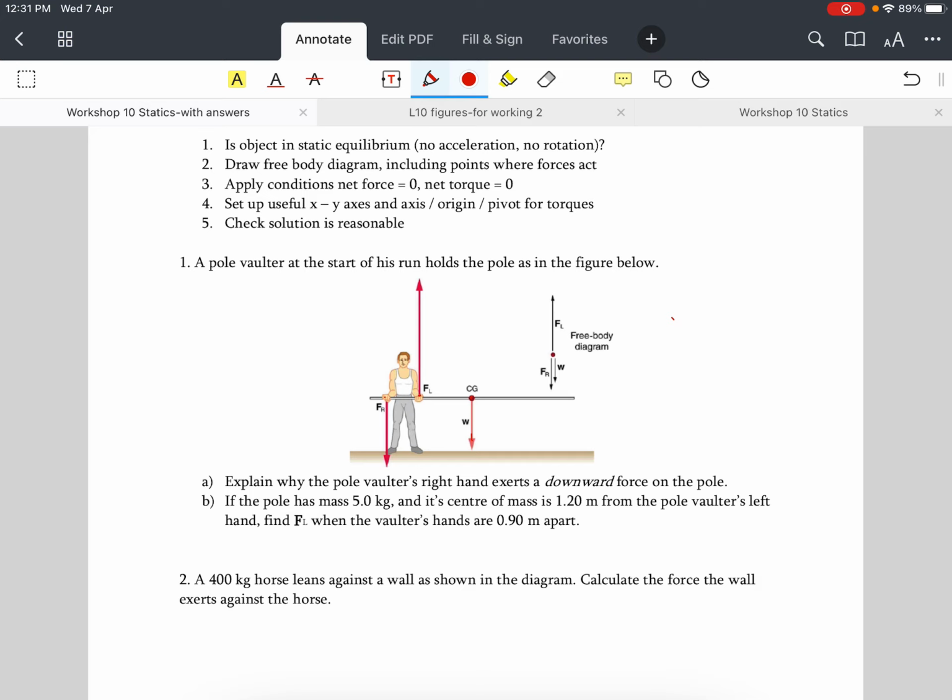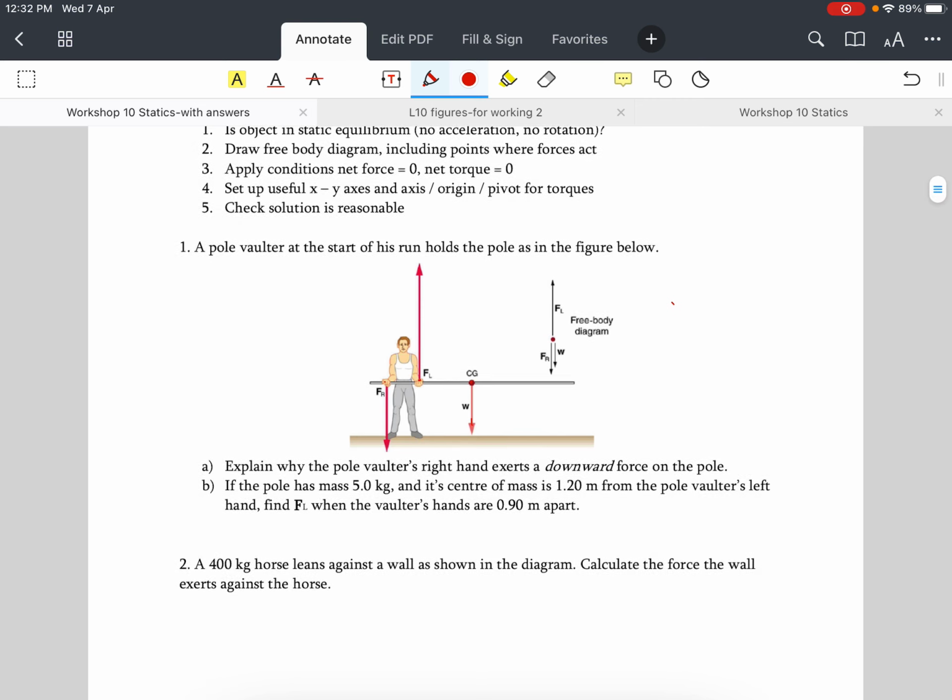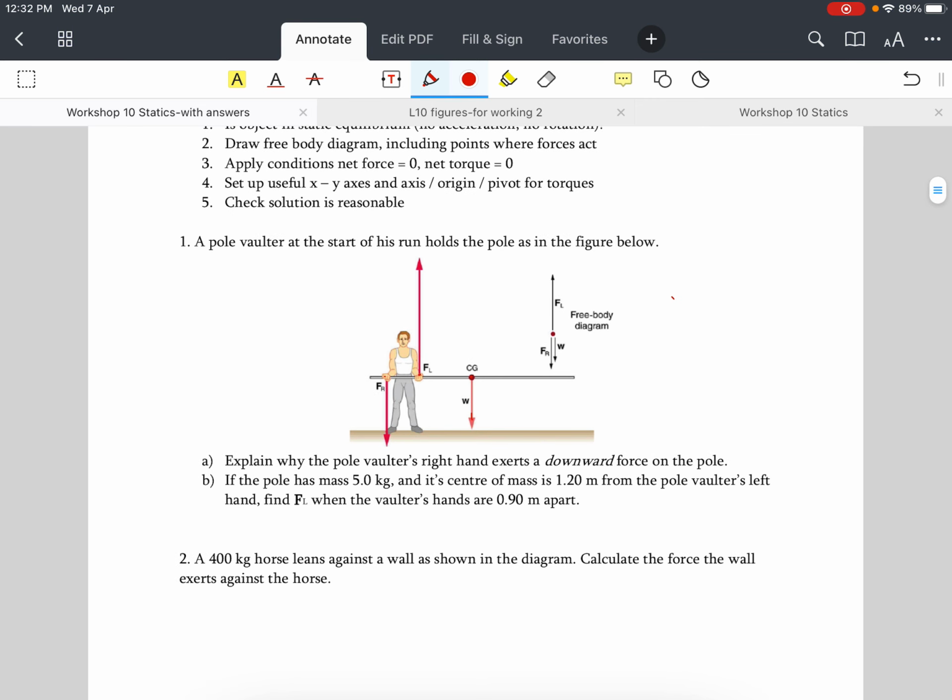So here, in our free body diagram, we have 3 forces, Fr, Fl, and weight, W. A smart choice for the pivot point would be to put it at one of the forces that we don't know. So we are given the mass of the pole, which means that we can get the weight of the pole, because weight is just equal to mass times gravitational acceleration.